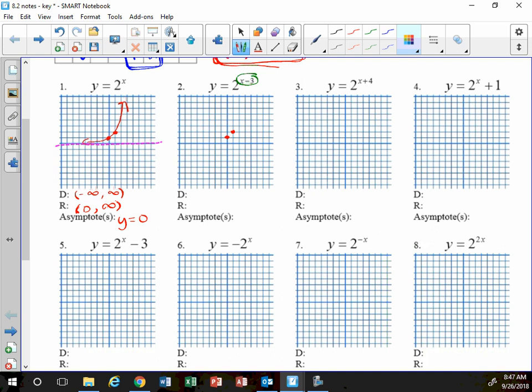Which way am I going? To the right 3. Okay, it's in with the exponent with the x, so that means it's going to be left or right. It's minus 3, so I know I'm going to the right 3. So for your graph, all you're going to do is take your 2 dots, count to the right 3, and put a point. It's 1, 2, 3, 1, 2, 3.